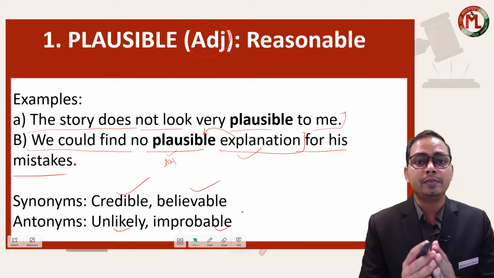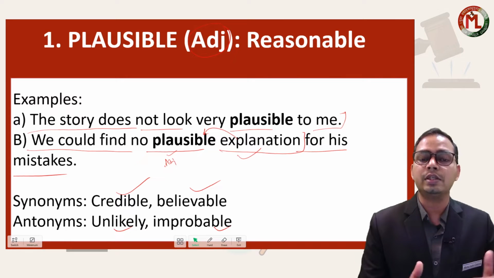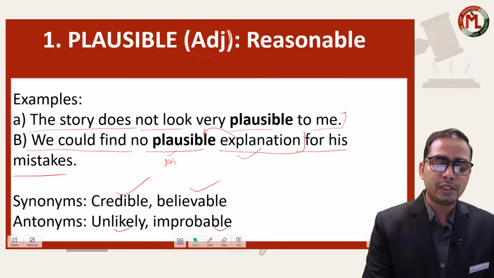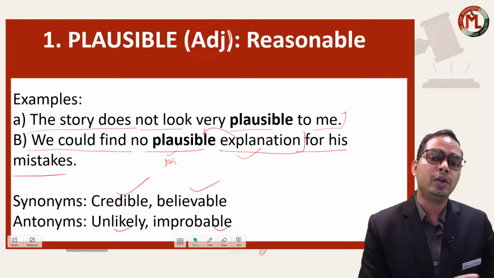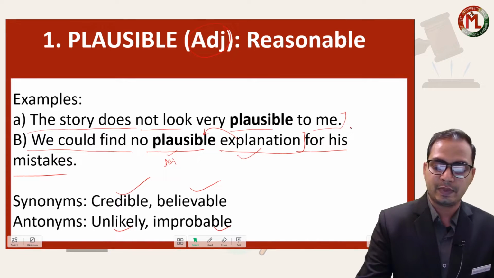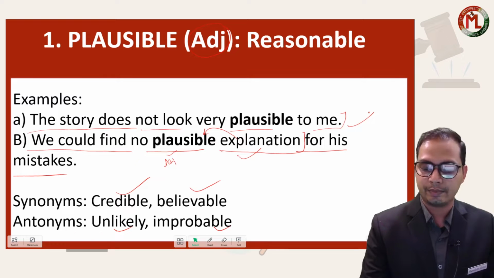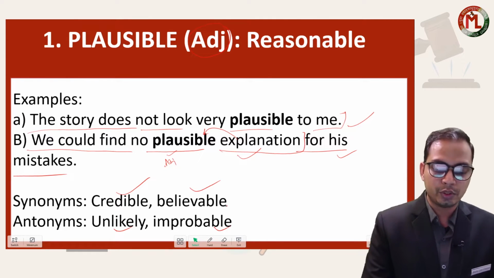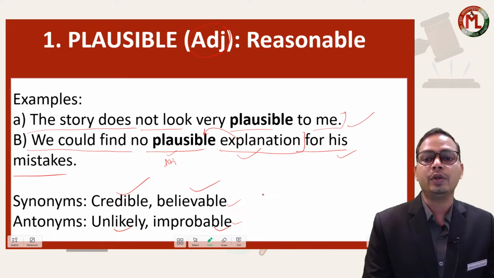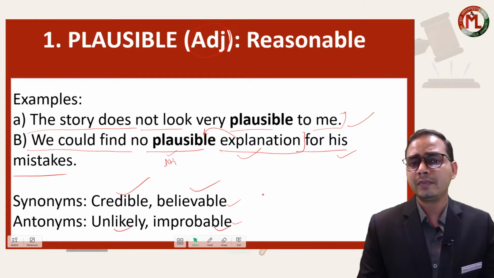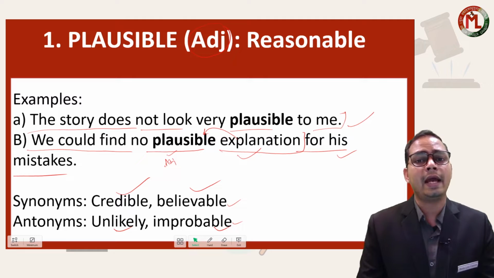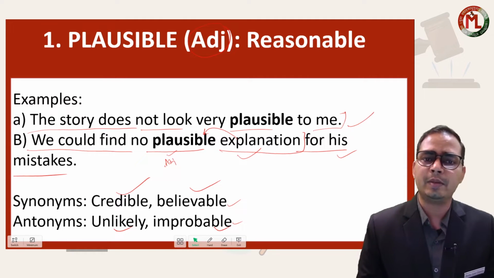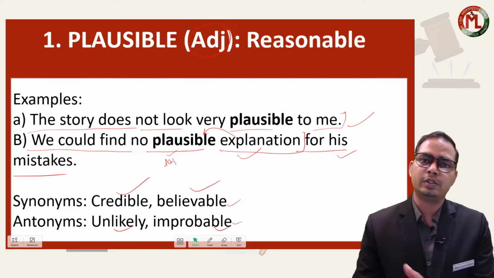Look, to learn any word, this process must be there. You learned a word, you used it in a sentence, or you learned it through a sentence the way I explained with the help of these two examples. Also, the third step, you should know the synonym and antonym of the word. In that way, you are building your vocab in a large amount in comparison to just learning that plausible means reasonable and moving ahead.